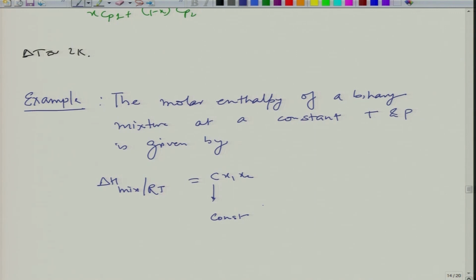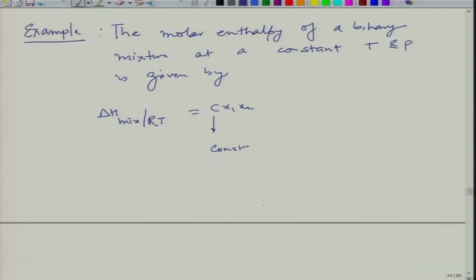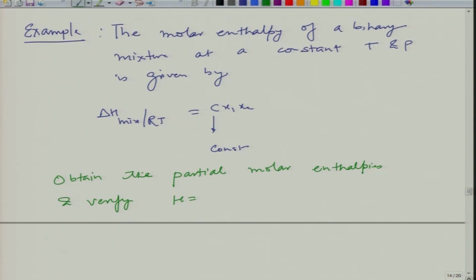Okay. Now, the question is that we need to obtain the partial molar enthalpies of the two components, okay, and verify the Euler theorem for homogeneous function, which is H is equal to summation Ni Hi bar.